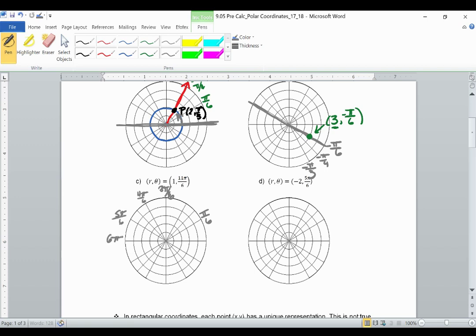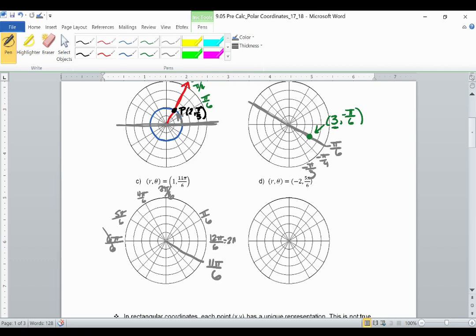We know this is 6 pi over 6 because that's the same as just pi. We need to get to 11 pi over 6, so we go 7, 8, 9 pi over 6, 10, 11. Or you may have said 12 pi over 6 we know is 2 pi, and go 1 down from that. That gives me 11 pi over 6.